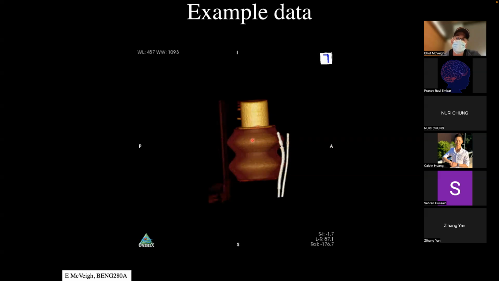And then the resin is this CT unit here. These are pacemaker leads in the same field of view, basically wires. We were doing this as part of a study to see if we can get rid of artifacts from pacemaker leads, right? But it's a nice, simple projection of an object.